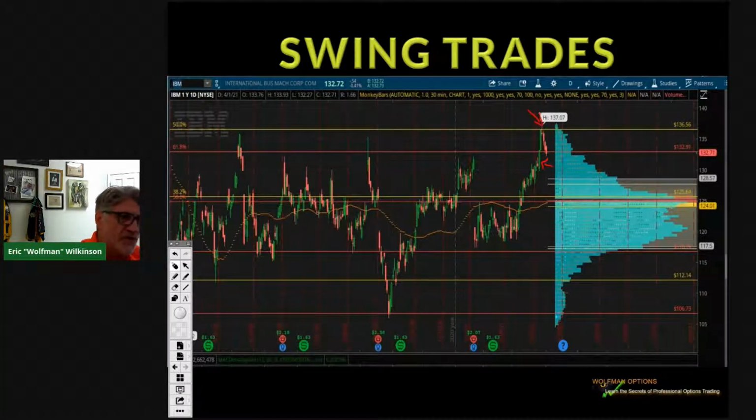Here, though, a situation like this, that might be the opportunity. It's the same type of topping pattern, but the next day that got confirmed. So that would be for a newer trader, especially if you're thinking about trading with swing trades or even options, wait for a confirmation, all right? I'm not going to always say that, but we are going to try to hopefully, if you are a newer trader, wait for that confirmation.